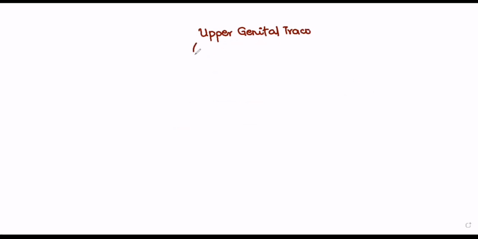Upper genital tract. We are saying the umbrella is what? Pelvic inflammatory disease. So pelvic inflammatory disease, in a simplified or layman's term, is actually an ascending infection. It means that it came from what? The vagina.